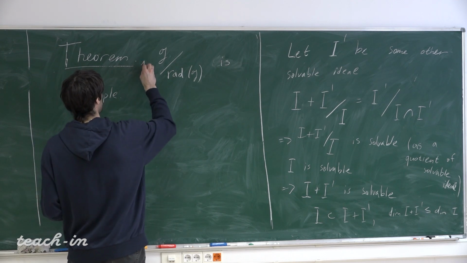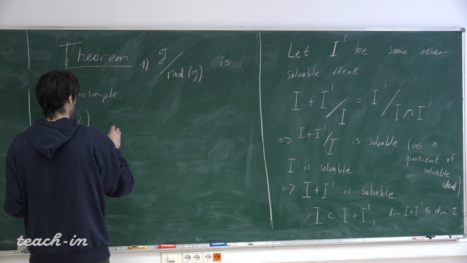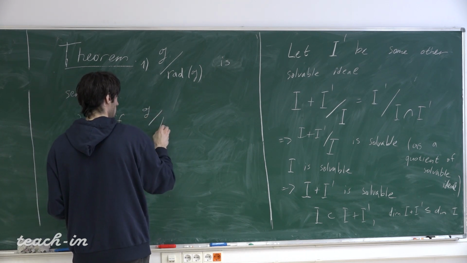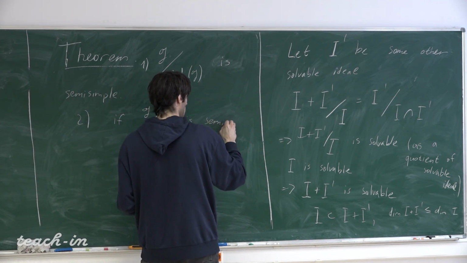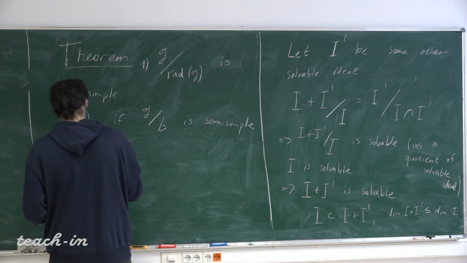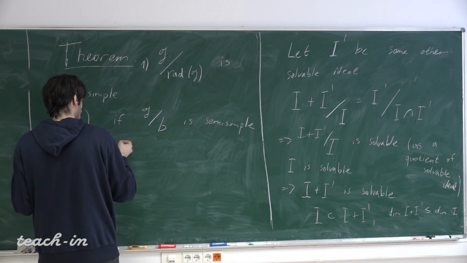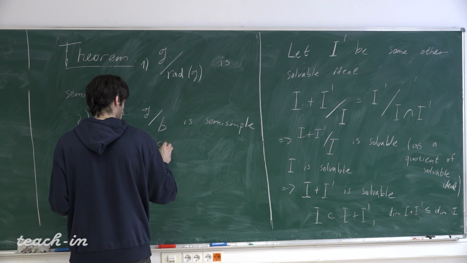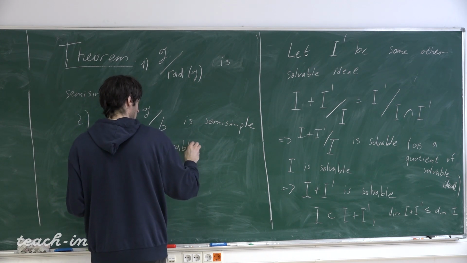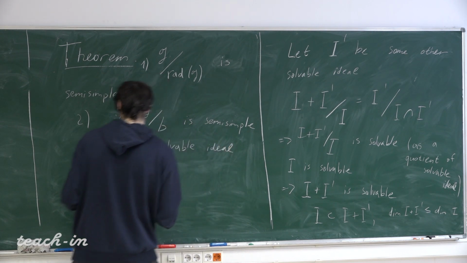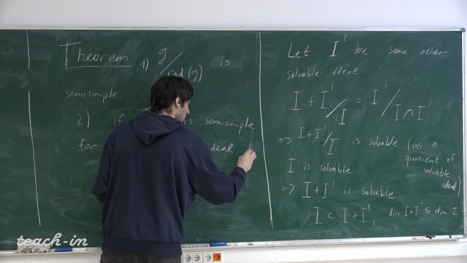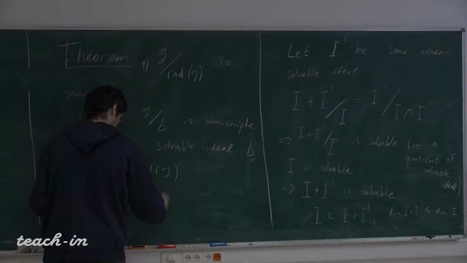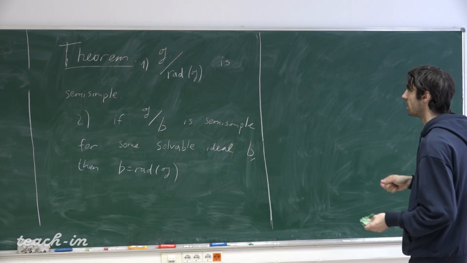This is statement number 1, and this is 2: if G quotient by B is semi-simple for some solvable ideal B, then B coincides with the radical.